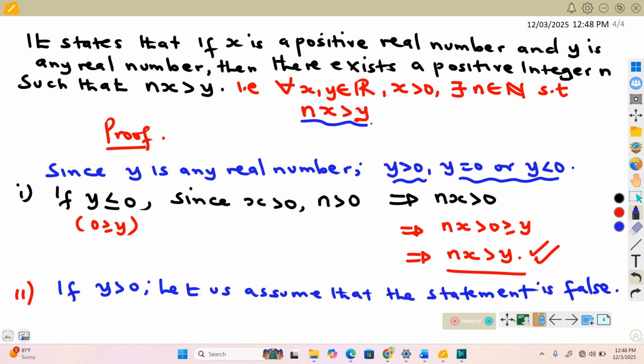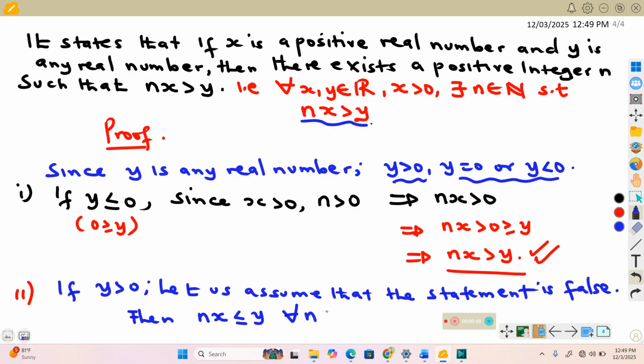Now, if we assume that the statement is false, it implies that nx is actually less or equal to y for every n that you pick from the set of natural numbers.